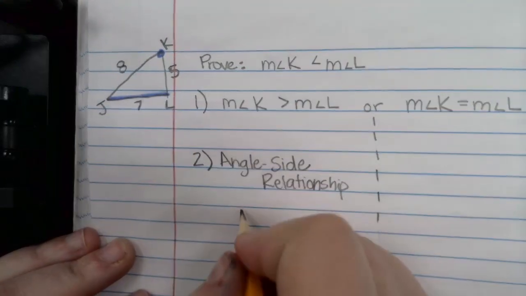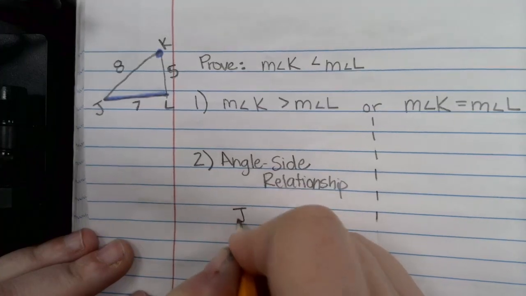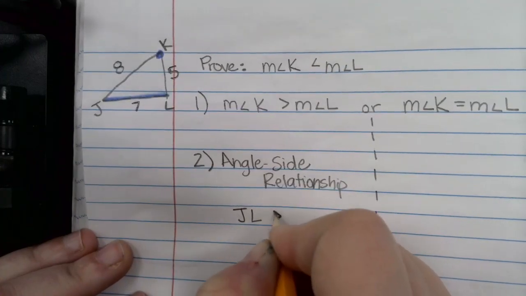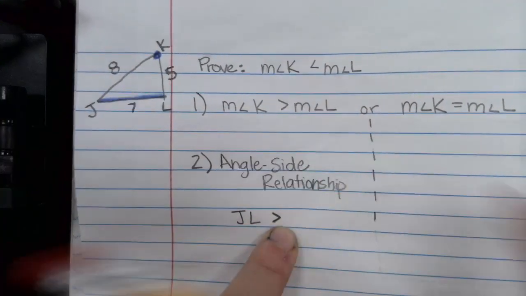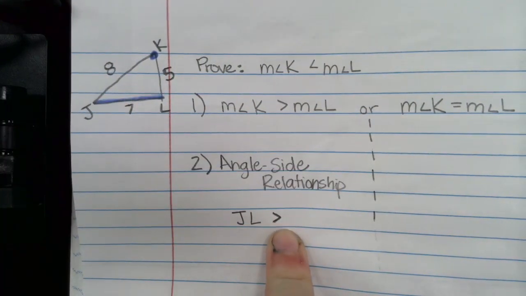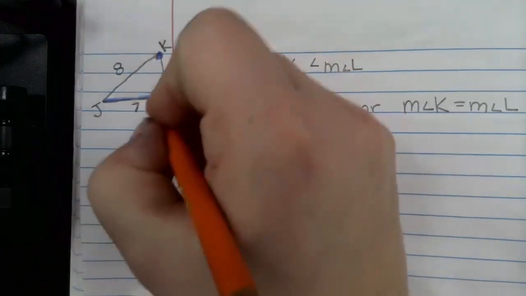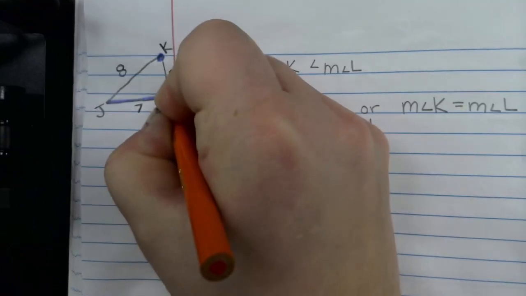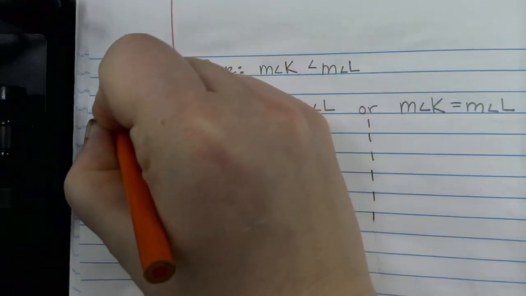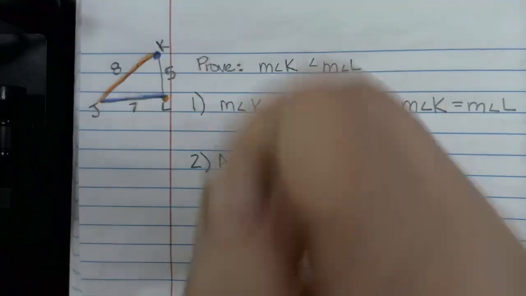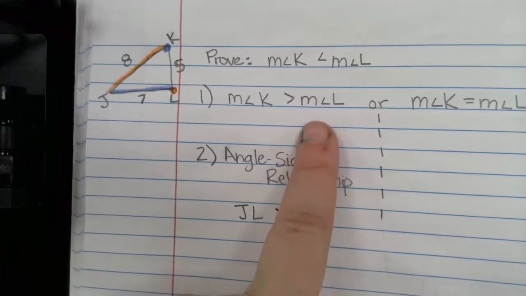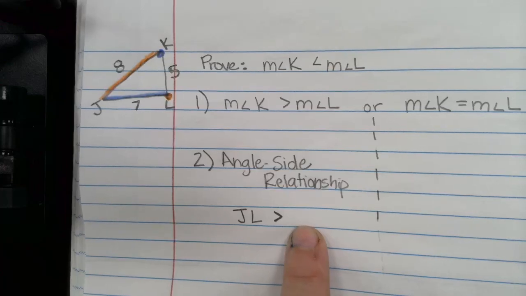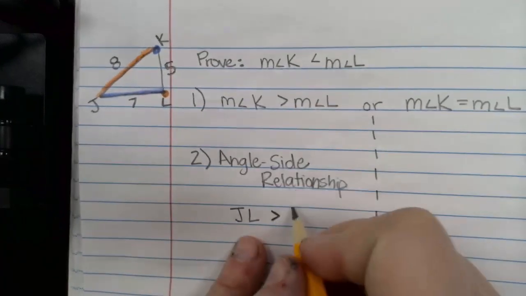So JL would have to be bigger than, what's opposite of angle L? KJ. Good. Remember, when we look opposite, we're looking across. So across from angle L would be JK, or KJ.